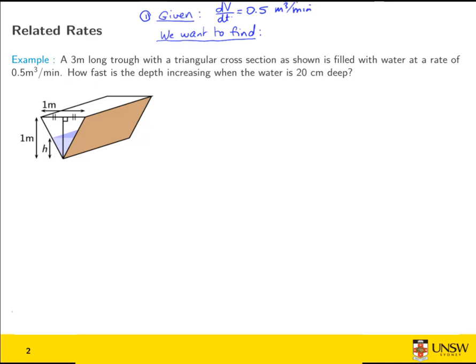So we expect an answer which would be, for example, 1 centimeter per minute. So we expect a distance divided by a time. Combining these two ideas, we want to know how h is changing when time is changing. We need to get a result, which would be, for example, in meters per minute. We know that what we're trying to find is dh/dt when h is equal to 20 centimeters.